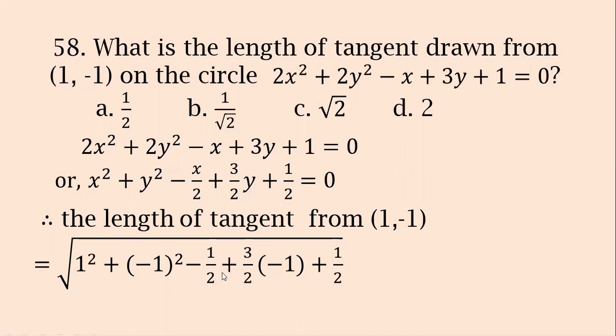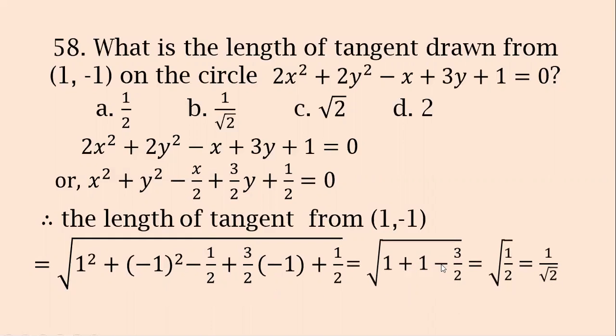This plus half, plus minus half, becomes 0. We are left with 1 plus 1 and this minus 3 by 2. So 2 minus 3 by 2, that is half, root over half. So 1 by root 2. This is our length. One point we must remember: starting any calculation, we must make the coefficient of x square and y square 1.